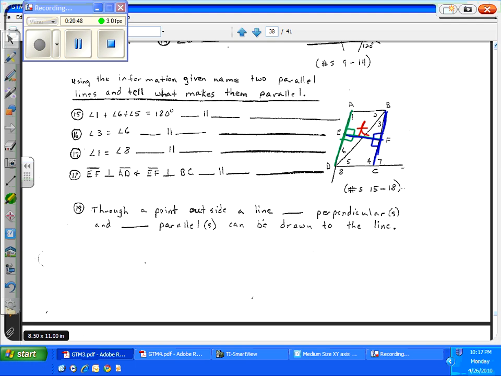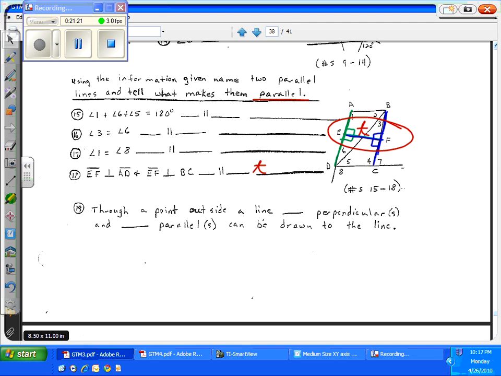Remember that there's four ways to prove that two lines are parallel. If alternate interior angles are equal, then the two lines are parallel. If corresponding angles are equal, then the two lines are parallel. If same side interior angles are supplementary, same sides make a C and they're supplementary, then the two lines are parallel. And the fourth way to prove it was if a transversal was perpendicular to both lines, then we could conclude that they're parallel.